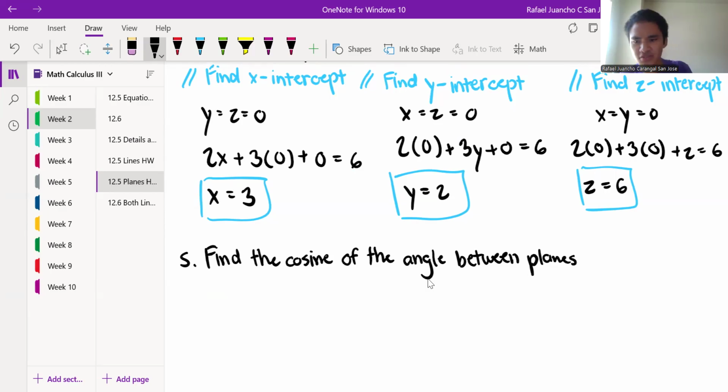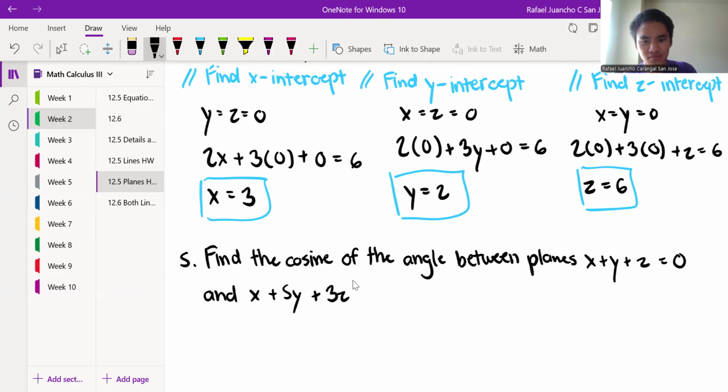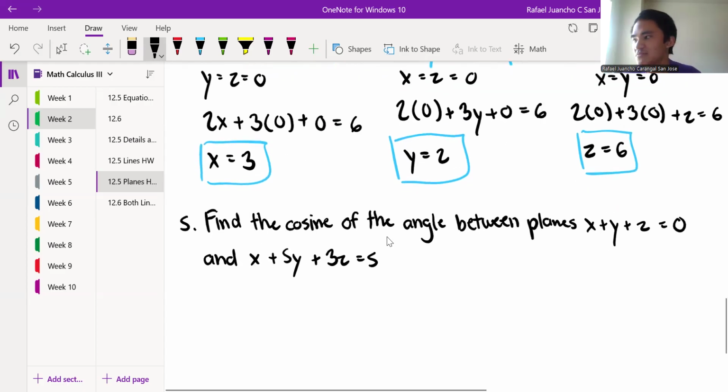And what are the planes? Well, we have x + y + z = 0, and x + 5y + 3z = 5. Now, usually I prefer visuals, but this is really hard to visualize for me.